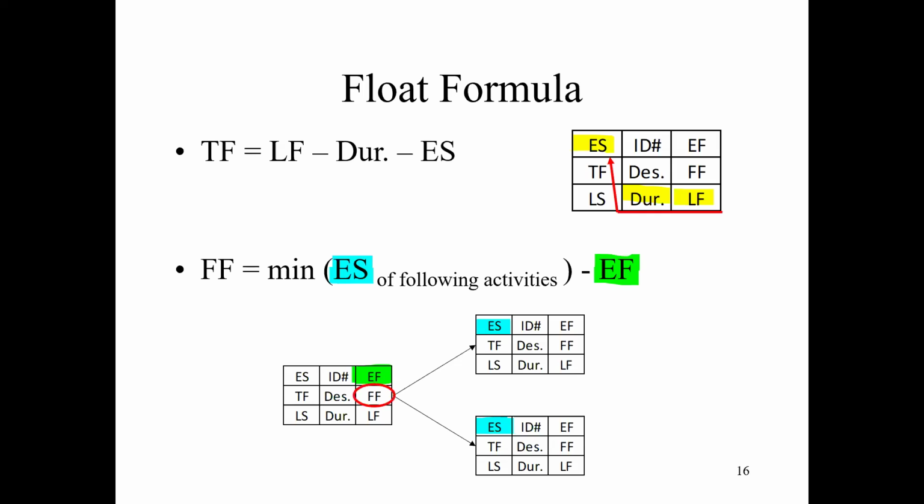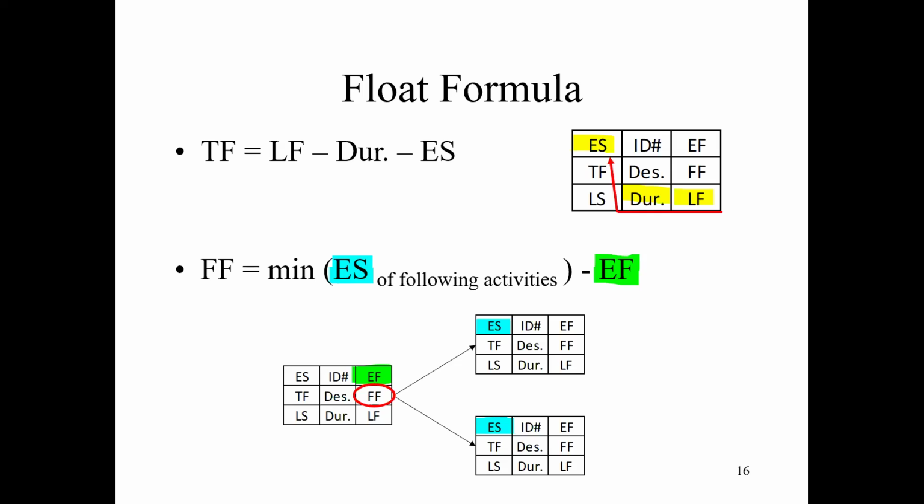So you use the early start time of your following activities, choosing the minimum one, and compare it with your own early finish time. So the equation is: free float is equal to the early start time from the following two activities, choosing the smallest one, minus your own early finish time, right? Because once you finish, then you can start the next one.